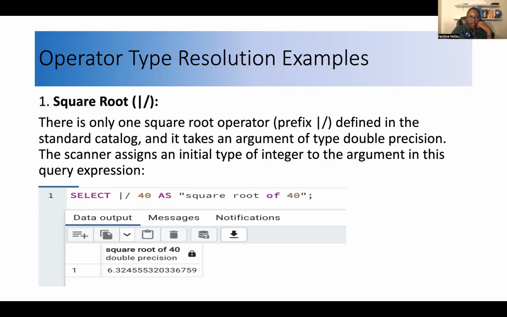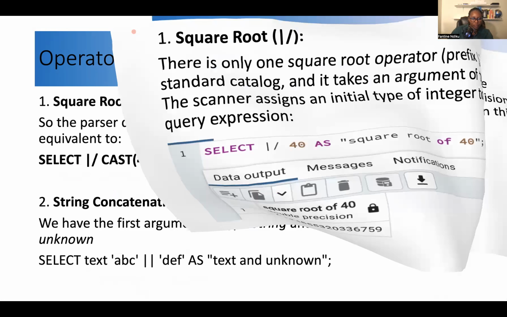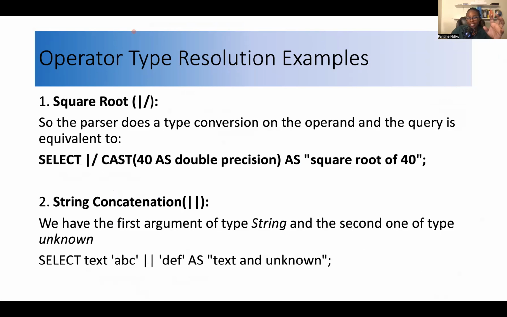Let's see the explanation here. The parser does a type conversion on the operand, and the query is equivalent to select square root cast.